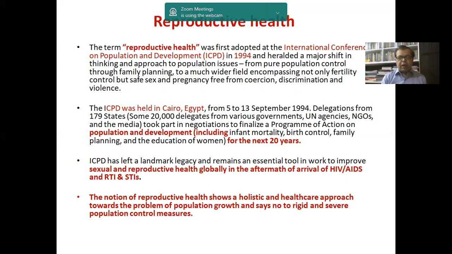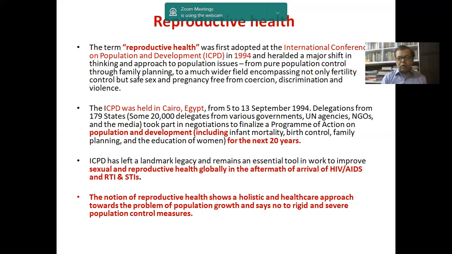That means at the time of its organization, it was realized that the outcomes are going to be very important for the next two or more decades. ICPD has left a landmark legacy and remains an essential tool in work to improve sexual and reproductive health globally in the aftermath of the arrival of HIV/AIDS and RTI and STI. So this is an important thing.